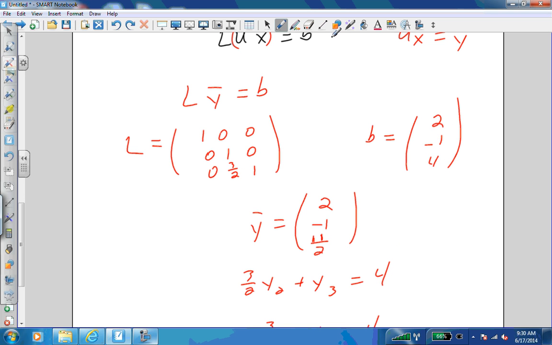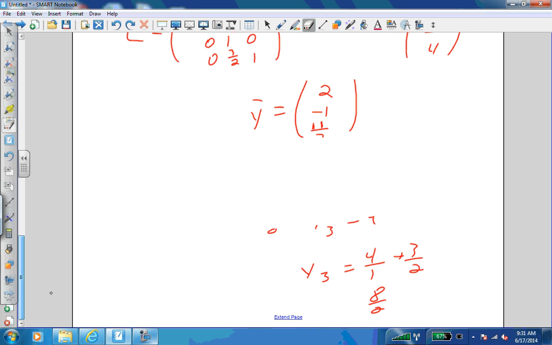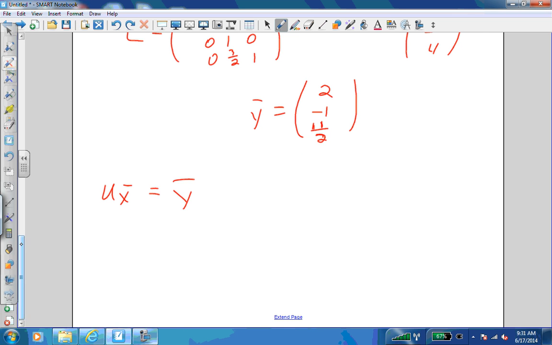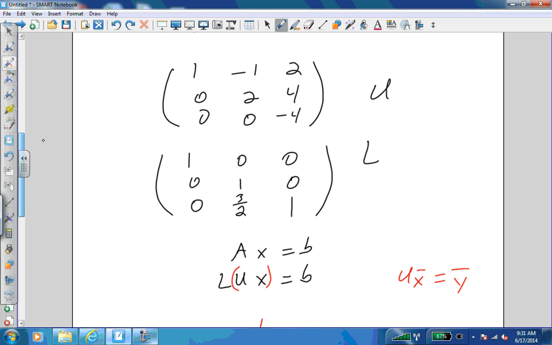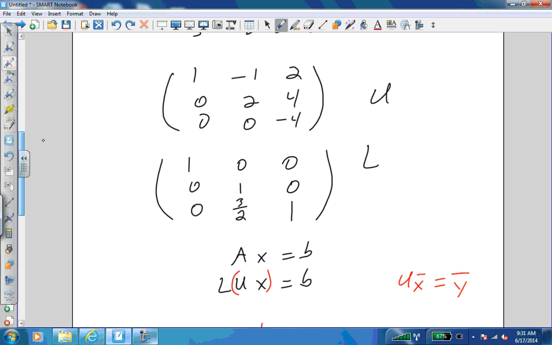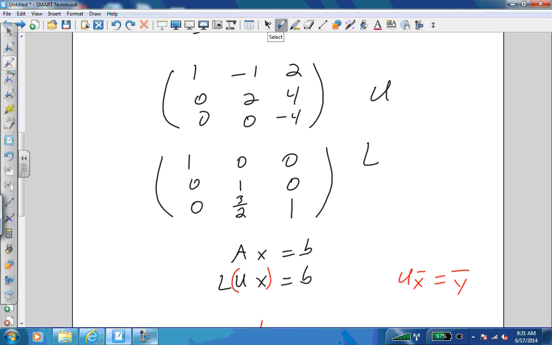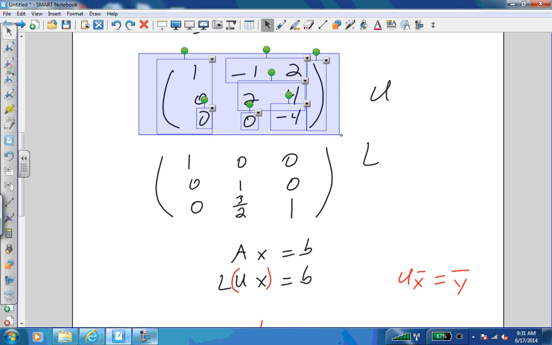Once we get Y, then we reverse substitute. UX, that's Y. So U, let's take this.